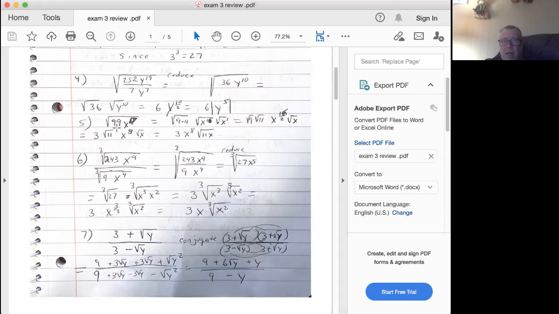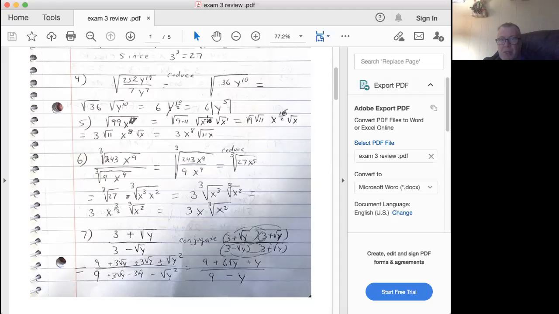Taking a look at 99x to the 17th. Anytime we have a variable underneath a radical and it doesn't divide out with the index, we rewrite. We break the exponent up into two terms with the same base, where one is to the first power and the other is to whatever even power, plus that first power gives us the exponent here.